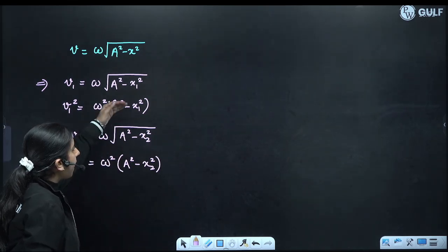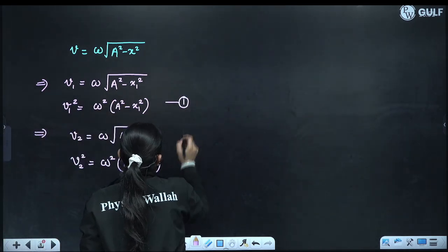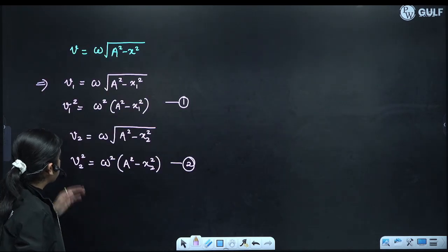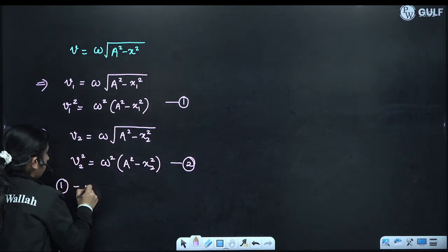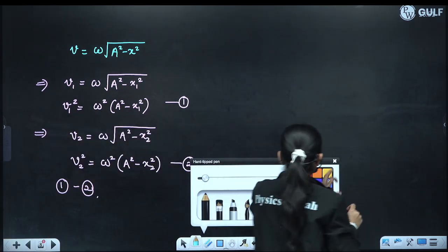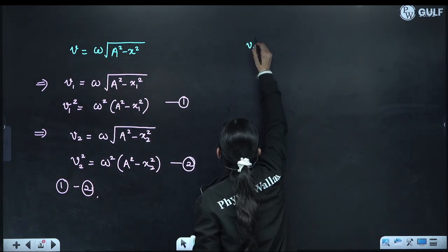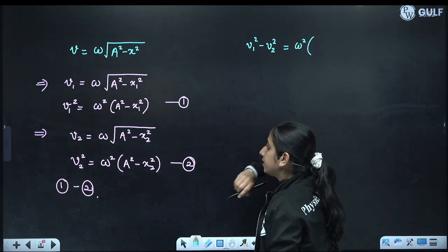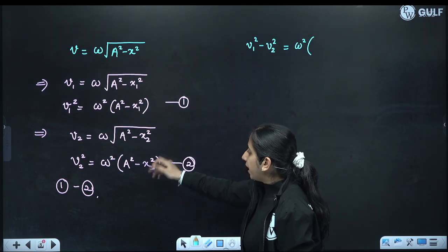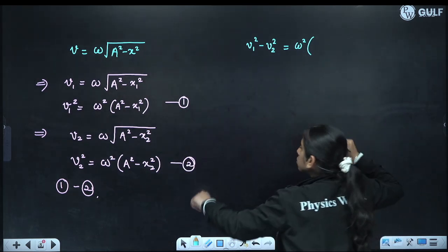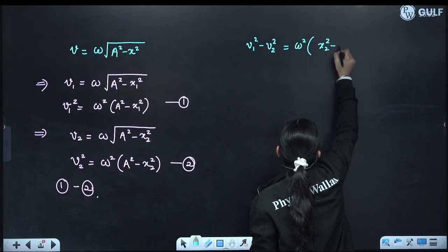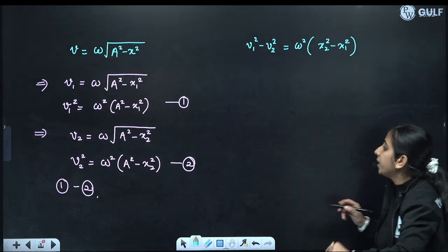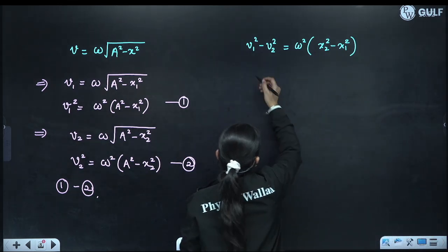If we subtract these two equations, 1 minus 2, what will we get? v1 square minus v2 square is equal to omega square into a square minus x1 square minus a square minus x2 square. The a square gets cancelled, so we get x2 square minus x1 square.